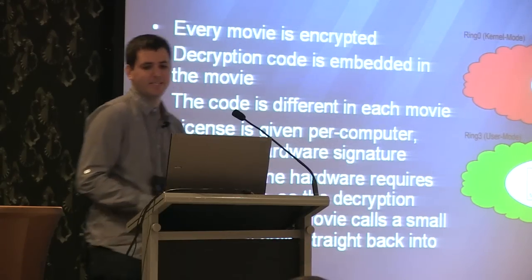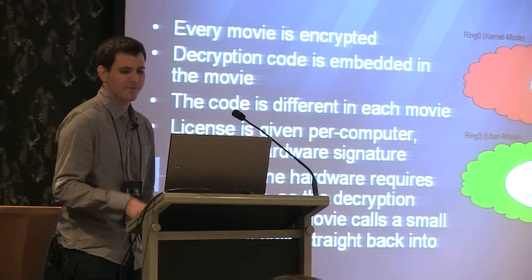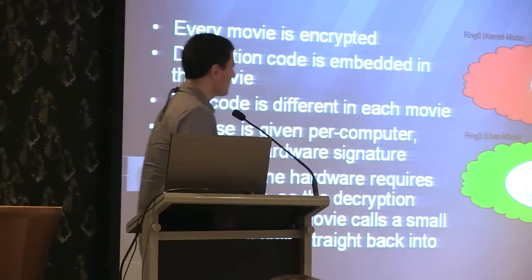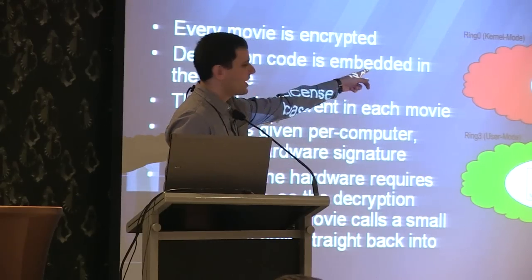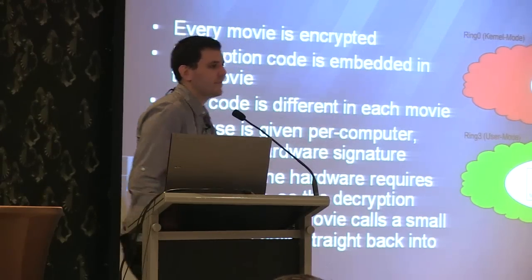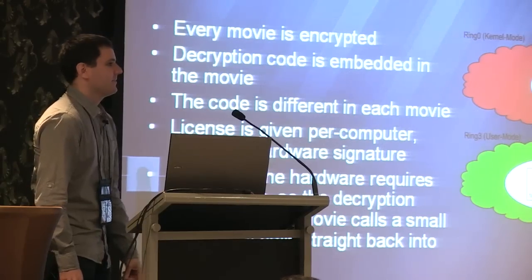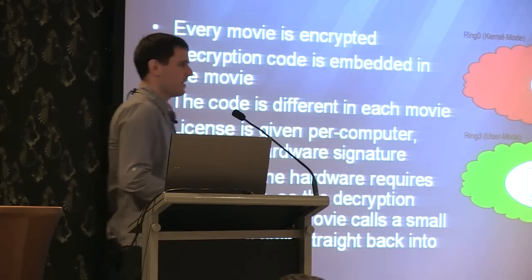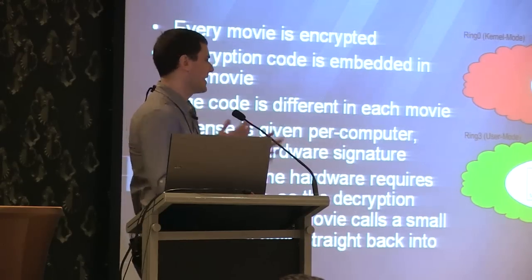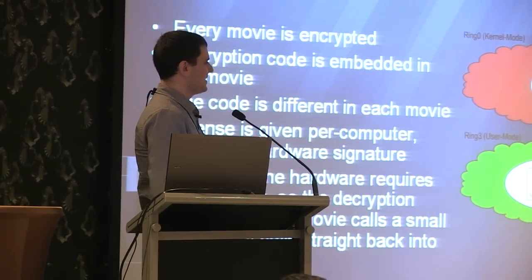So what they did is create a tiny little driver. The movie would call into the driver, and the driver would call straight back into user mode, to the code that was embedded in the movie. And that code would then read the BIOS and do all the nasty stuff. And this is how they solved it.